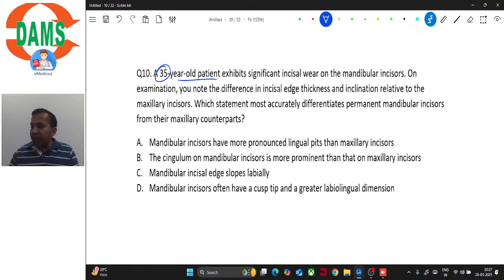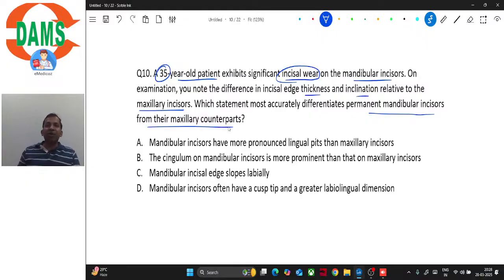A 35-year-old patient exhibits significant incisal wear on the mandibular incisors. On examination, you note the difference in incisal edge thickness and inclination relative to the maxillary incisors. Which statement most accurately differentiates permanent mandibular incisors from their maxillary counterparts?